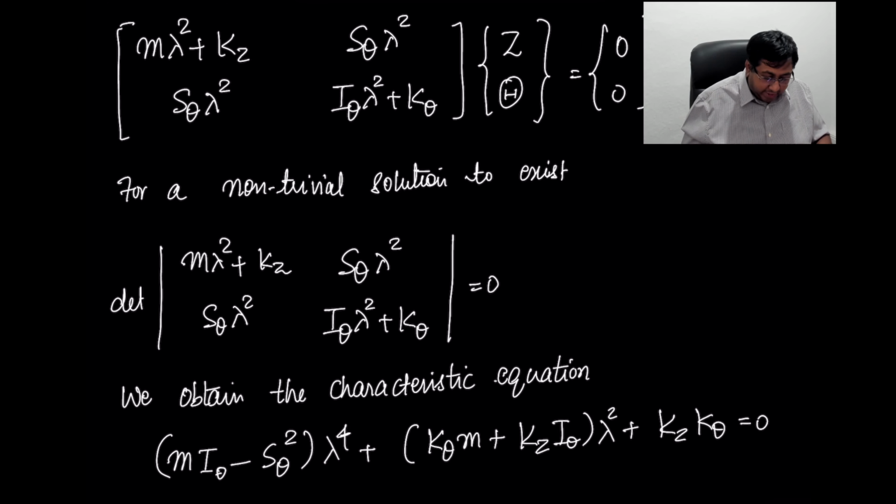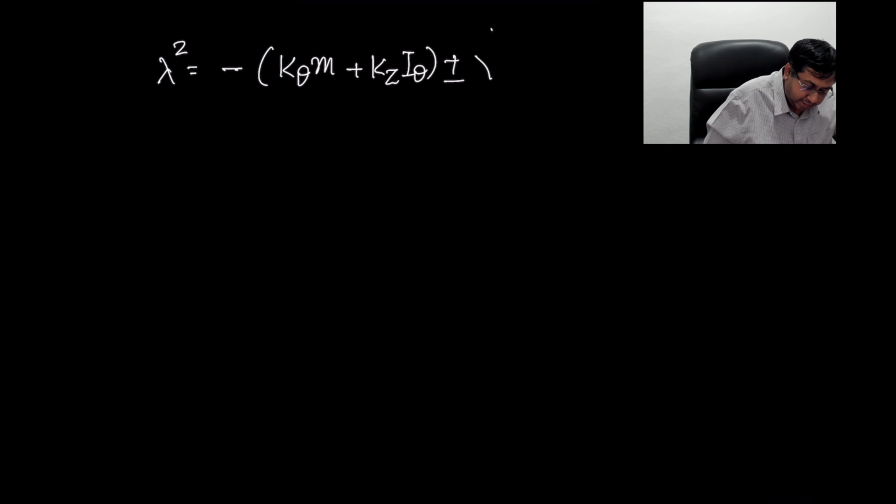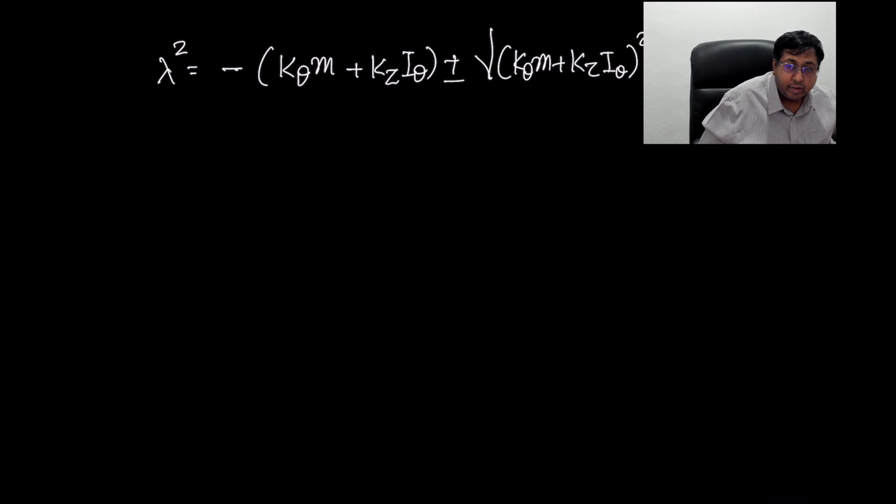We primarily want to analyze this and see what the solution holds true. So if we write this as a quadratic equation, we can write the solution for lambda square as minus (k theta into m plus kz into I theta) plus or minus the square root of (k theta into m plus kz into I theta) whole square minus 4 into kz k theta into (m I theta minus s theta square).